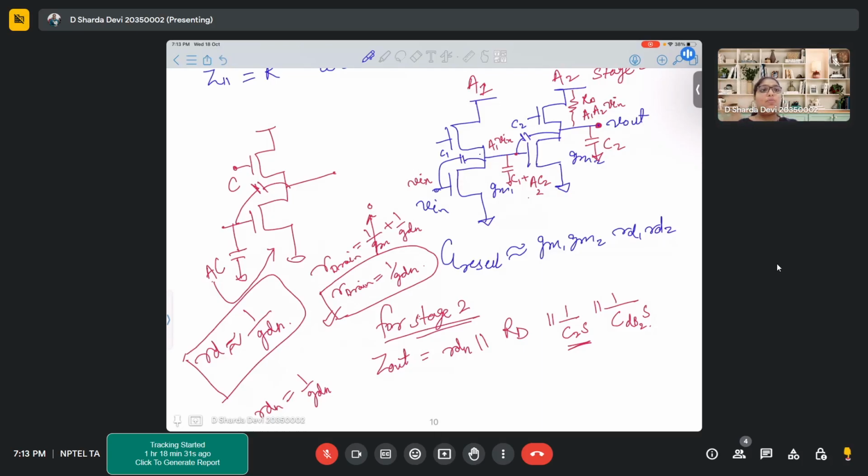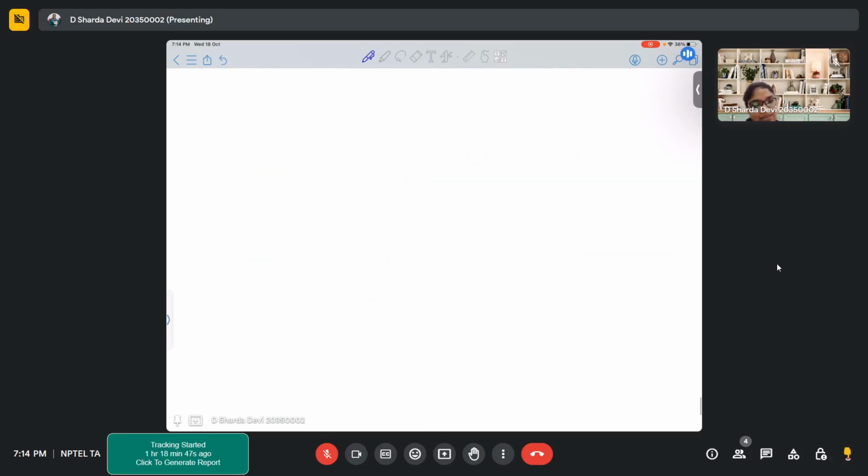If it is a left side pole and you want to shift it to the right, your R should be less and your C should be less. Getting my point?